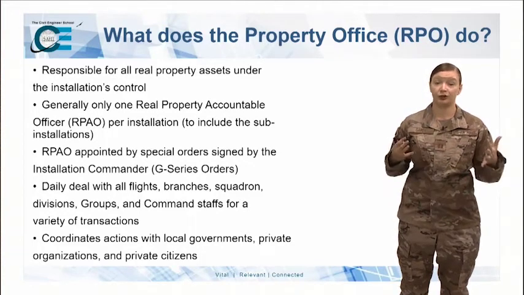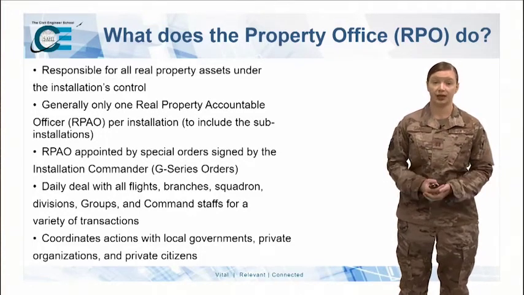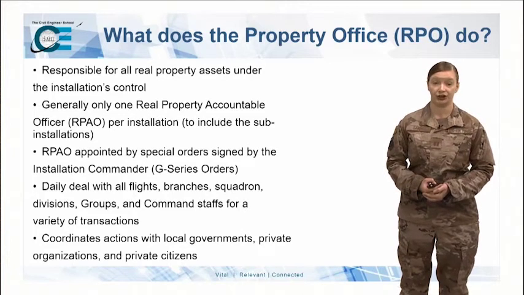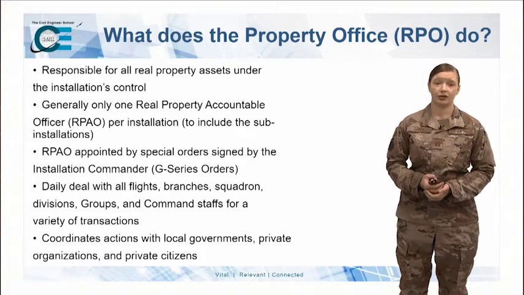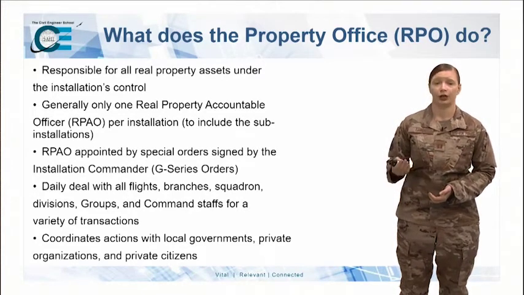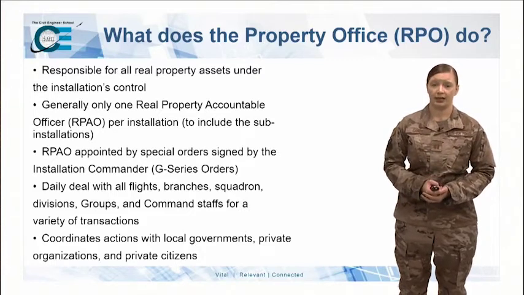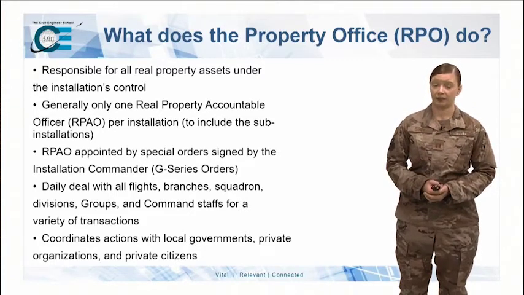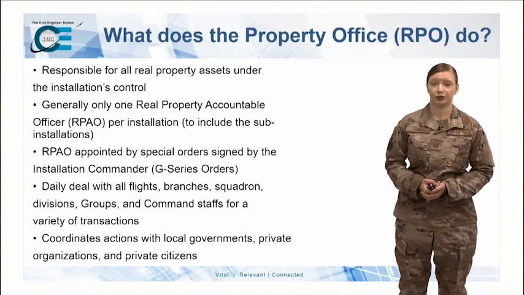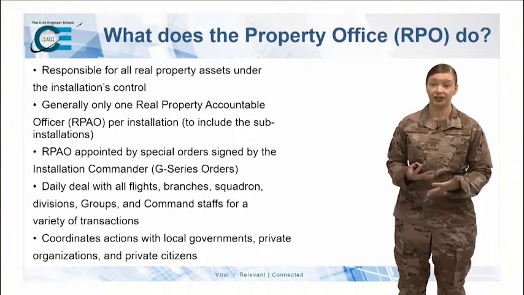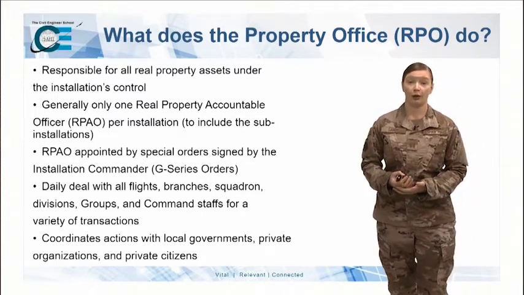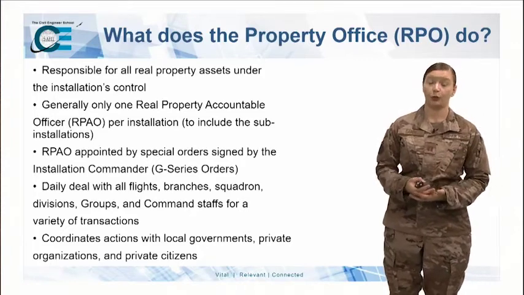So they have special orders signed by the installation commander, that is G-series orders. They deal with people across the squadron and a variety of transactions that impact them. And they coordinate with local governments, private organizations, and private citizens to make the right real property decisions for the installation.